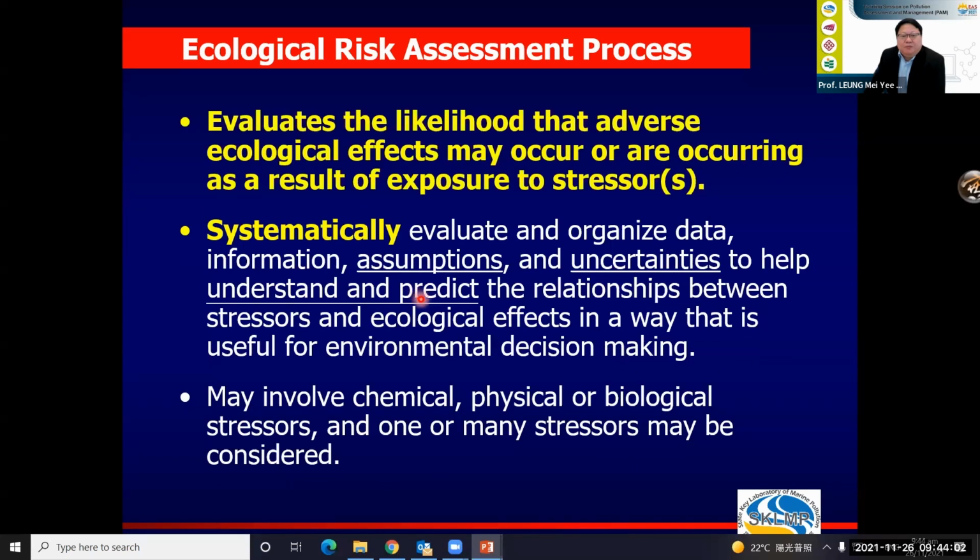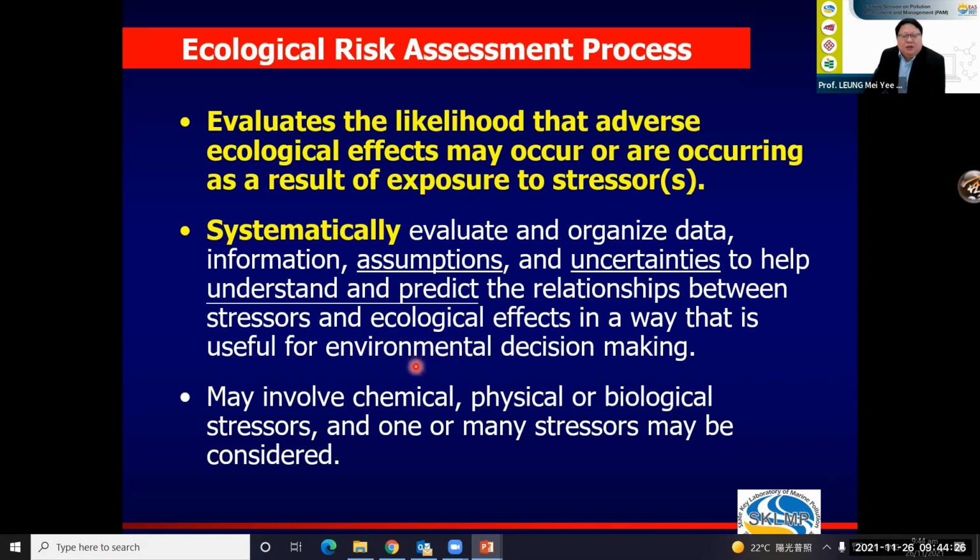So these tools give us a very systematic way to evaluate and organize data and available information. It also provides some basic assumptions when we run the risk assessment. It also allows us to assess the uncertainties in our prediction.